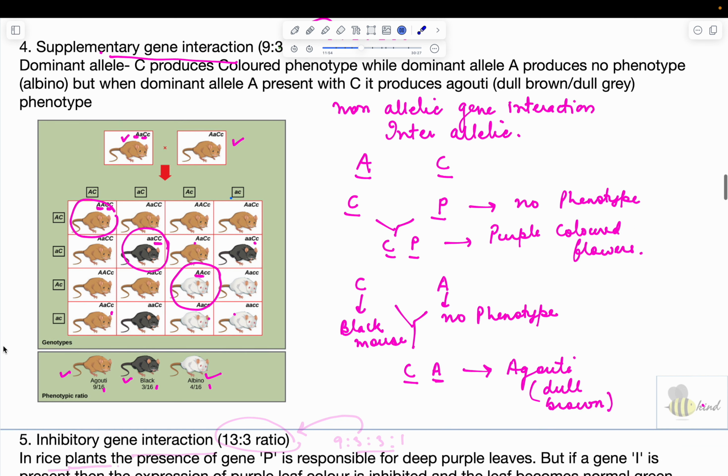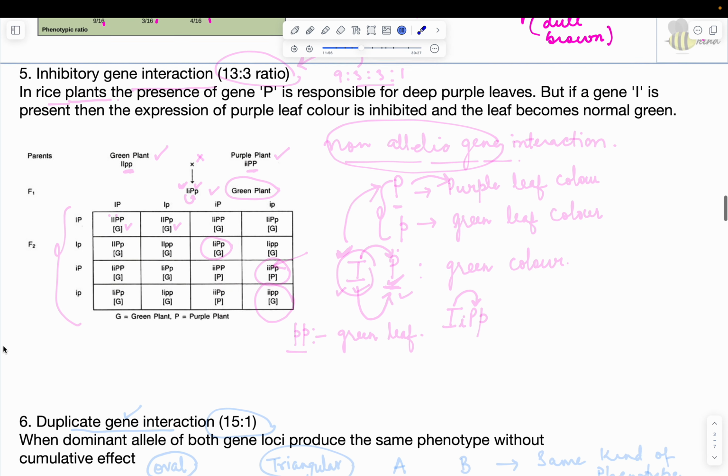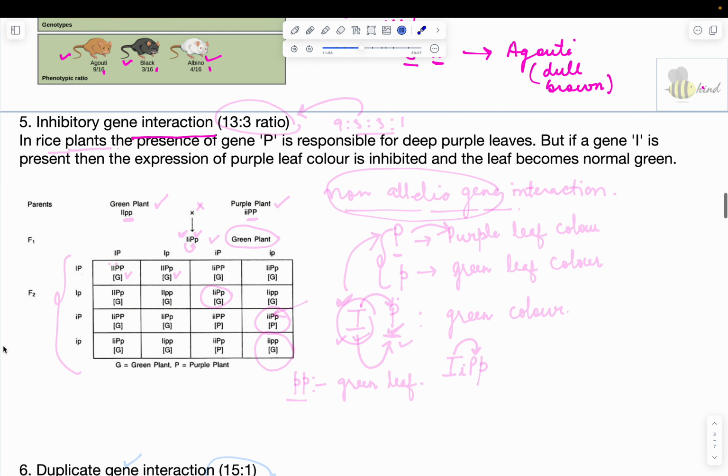The next type of gene interaction is the inhibitory gene interaction, where the ratio is modified to 13:3. Again, this is a non-allelic kind of gene interaction. Here we'll take the example of leaf color in rice plants.